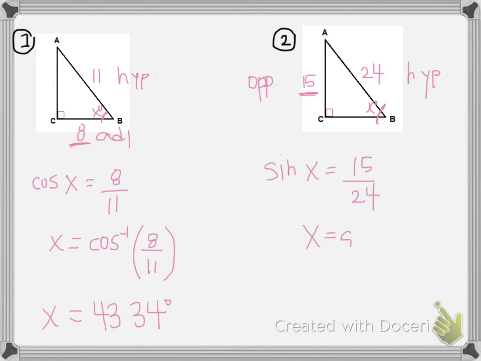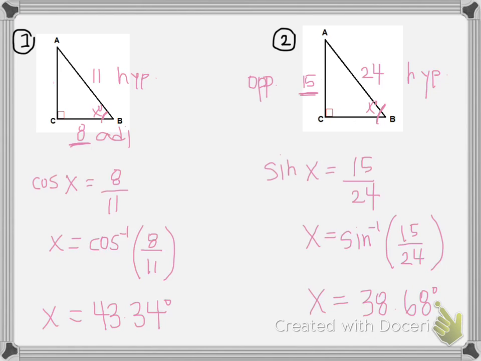So we'll take the inverse of the ratio 15 over 24. So we'll say second sine of 15 divided by 24. So your angle here is going to be 38.68.